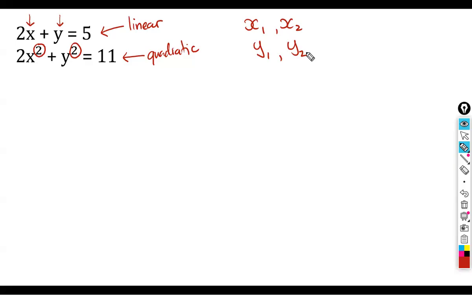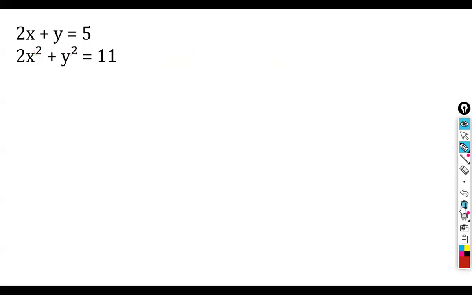It has very rare cases where you get no answers at all, meaning that the question is not possible to work out. Or sometimes, very rare, you get 1 answer for x and 1 answer for y. So you end up with 2 answers. So anyway, let's get started with it.